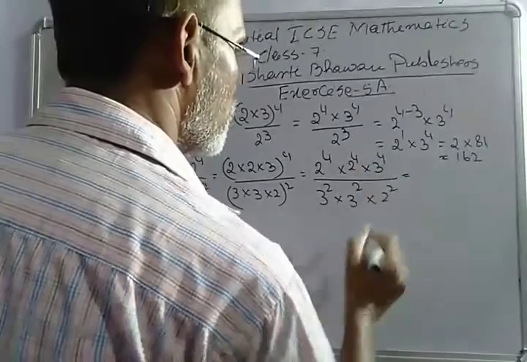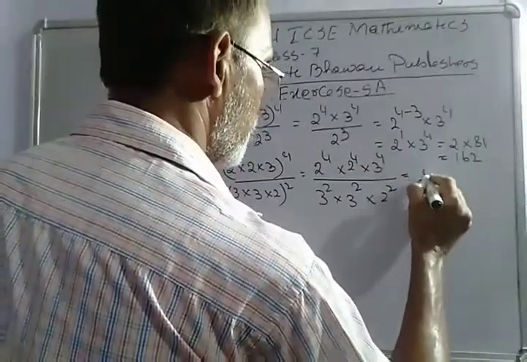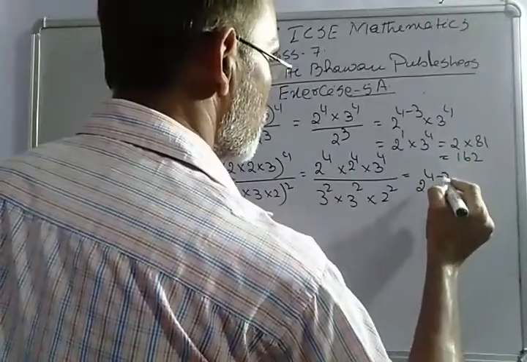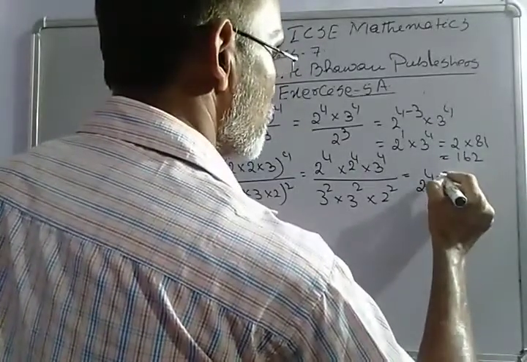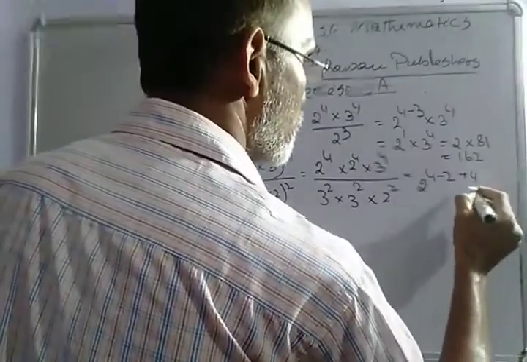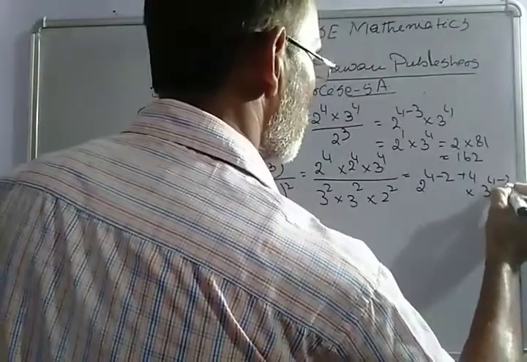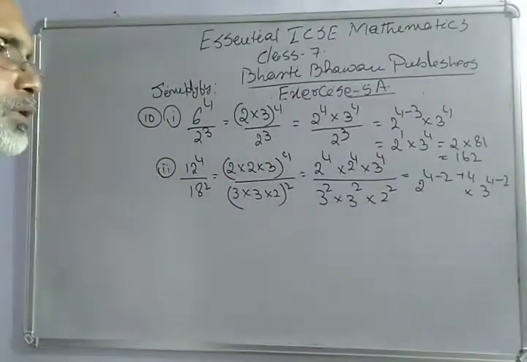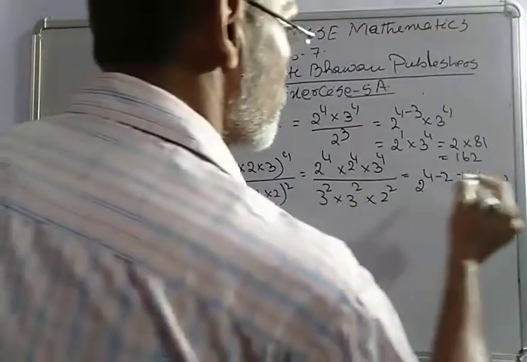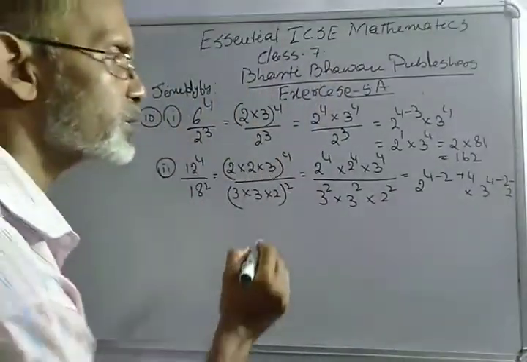So this is equal to 2^(4+4-2) × 3^(4-2-2).